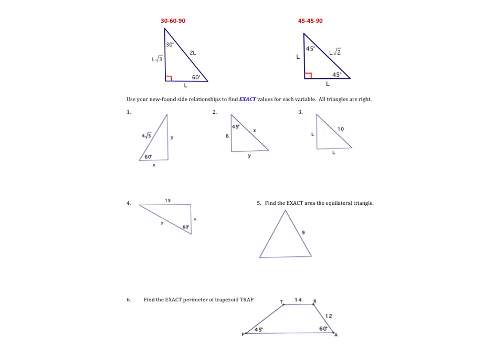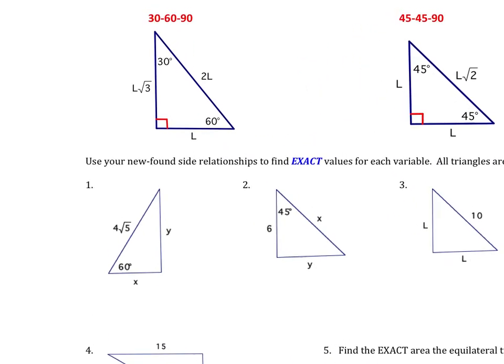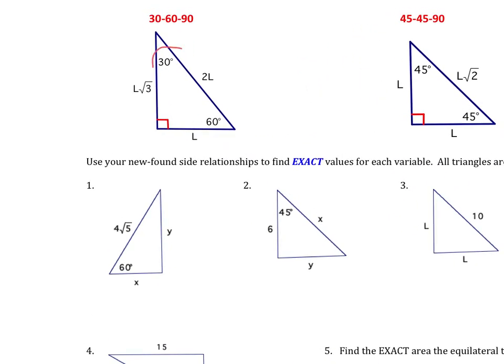All right, so here are our 2 patterns for 30, 60, 90, and 45, 45, 90 triangles, our special right triangles. Everything is in terms of the short leg in a 30, 60, 90. If you know the short leg, whatever number this is, to get the long leg, you're going to take that length and multiply it by the square root of 3 to get the long leg, and then double the short leg to get the hypotenuse.